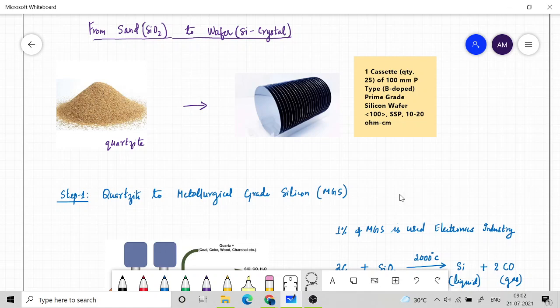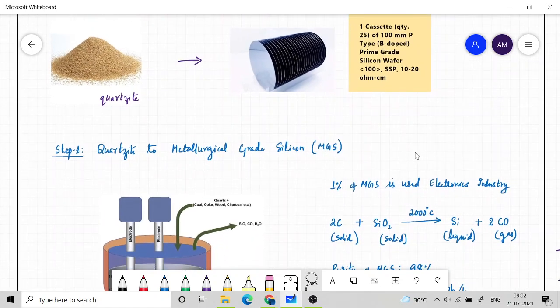So how do we make a single crystal of silicon which is periodically arranged from left to right in the entire wafer? For achieving that, we need to go through several steps.